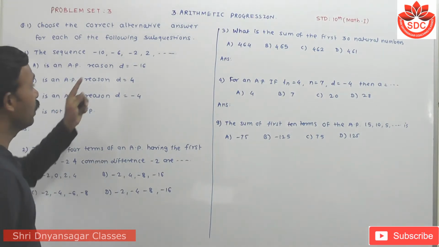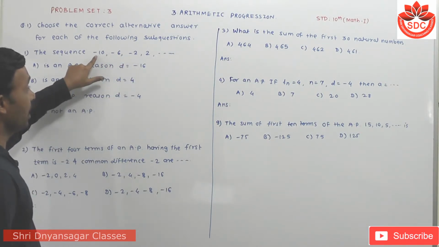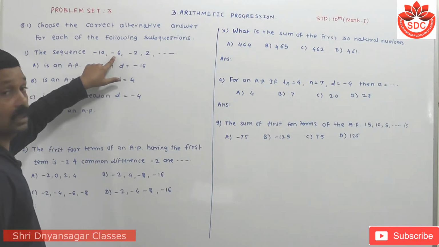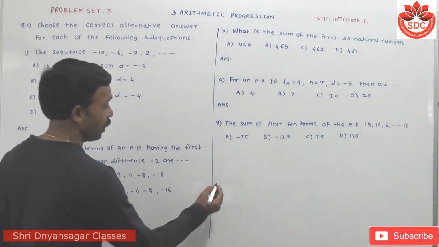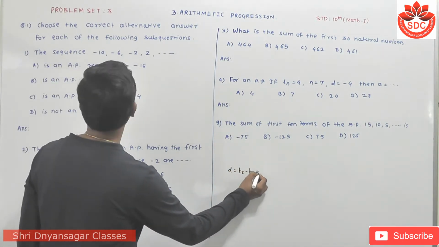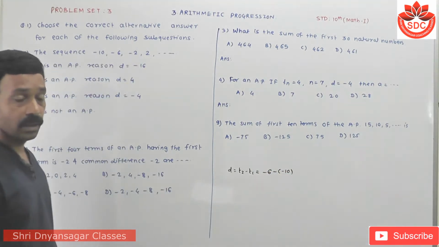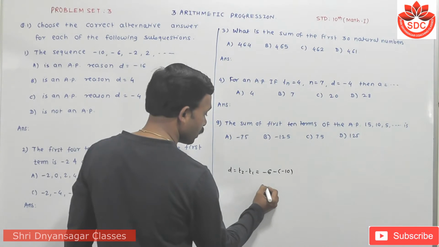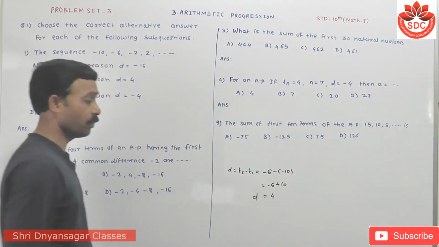Students, when we look here, first we have to study this sequence. T1 is -10 and T2 is -6. To find the difference, I take rough work here: D is equal to T2 minus T1. T2 is -6 minus (-10), then this becomes -6 plus 10, which becomes plus 4.